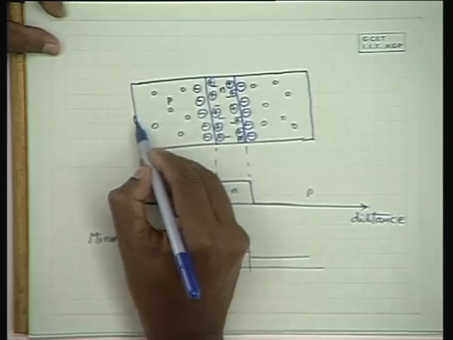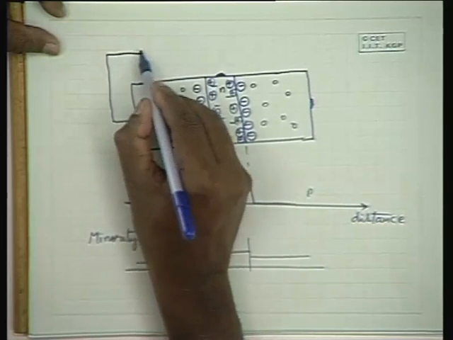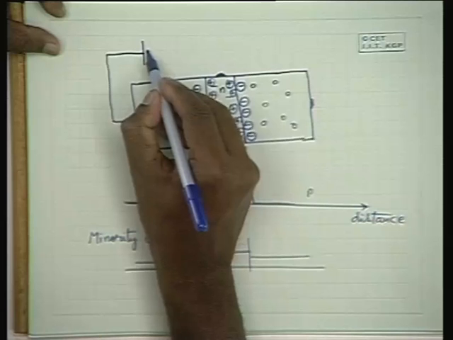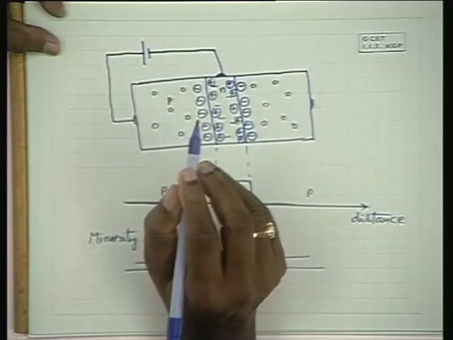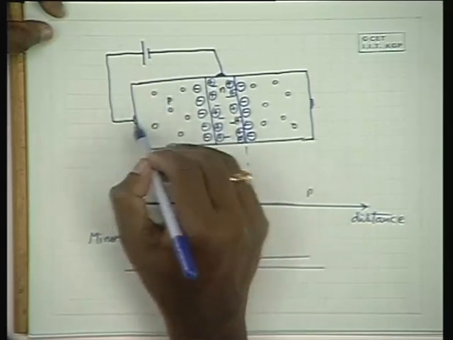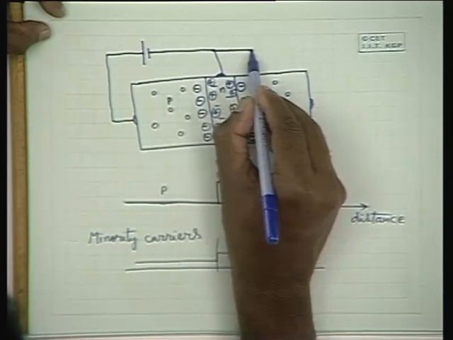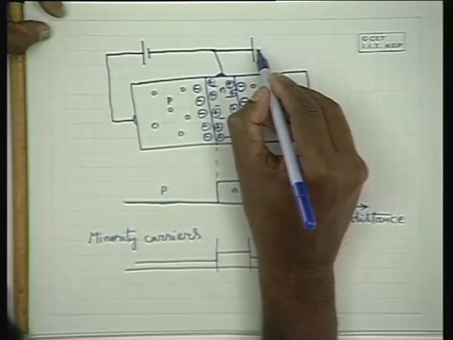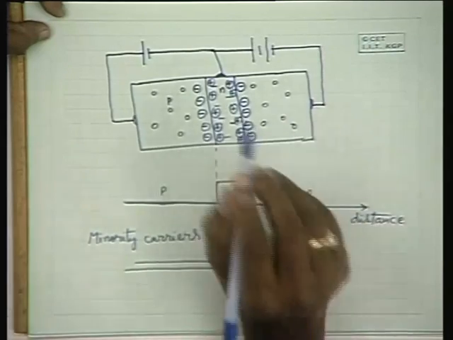Now, let me use the same diagram. If we apply a small positive potential to the emitter base junction, that means in the PN junction convention, if we forward bias the emitter to base junction and reverse bias the base to collector junction, what happens?